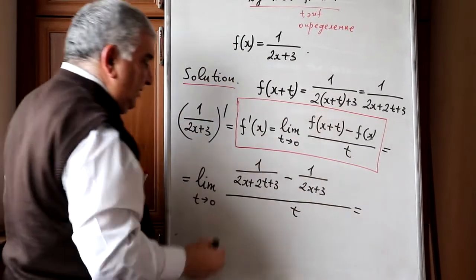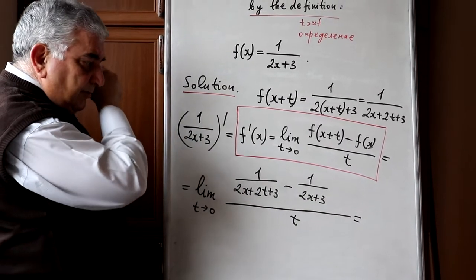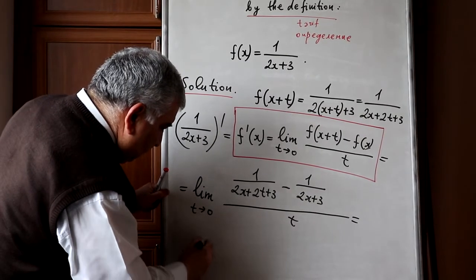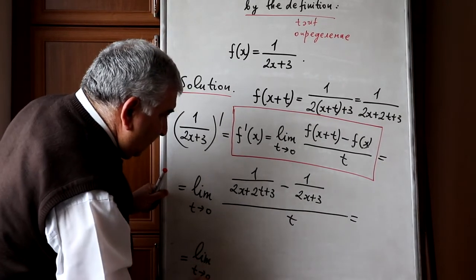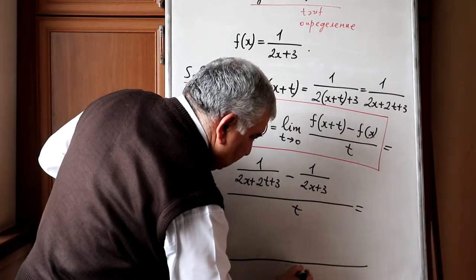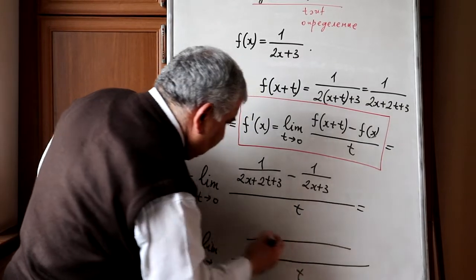Then continue. Reduce the numerator to the common denominator. Limit when t tends to 0, divided by t. Here we have the common denominator.